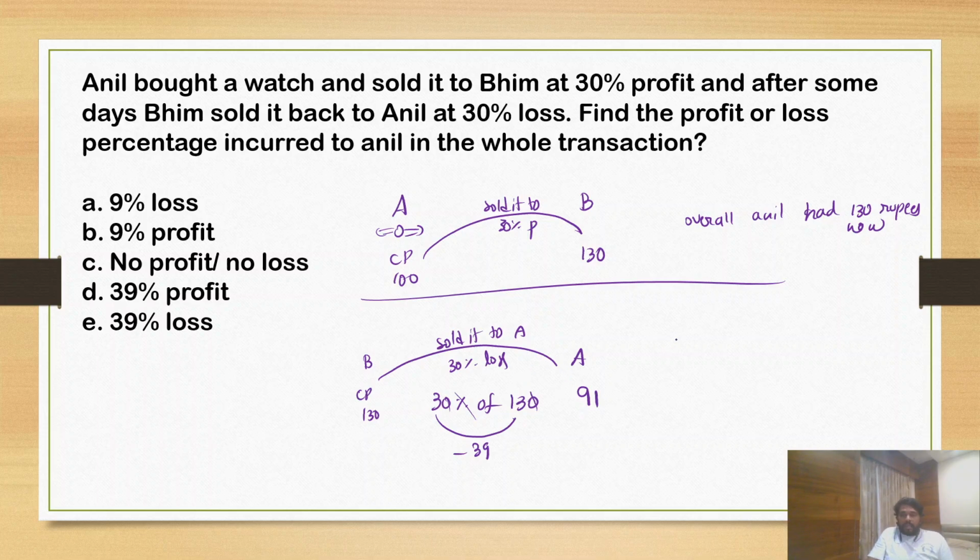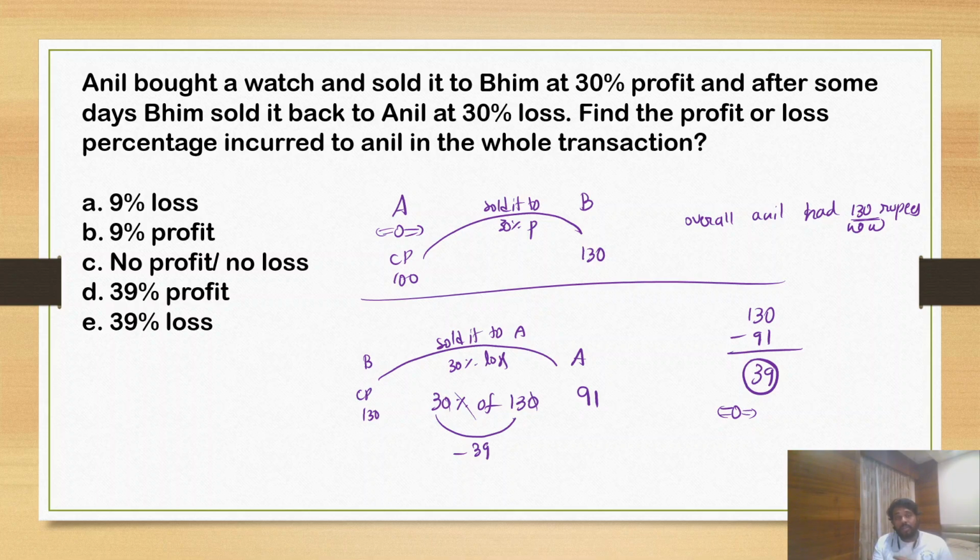Now Anil had 130 rupees initially, and he gave 91 rupees to Beam. So he has 39 rupees plus the watch with him right now. Correct? So overall Anil has a watch which he bought for 100 rupees, plus 39 rupees.